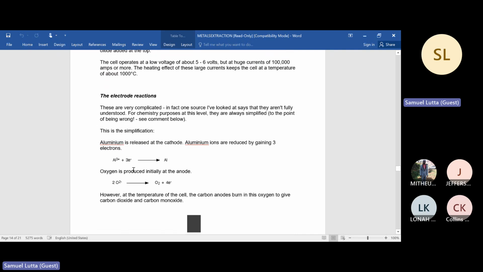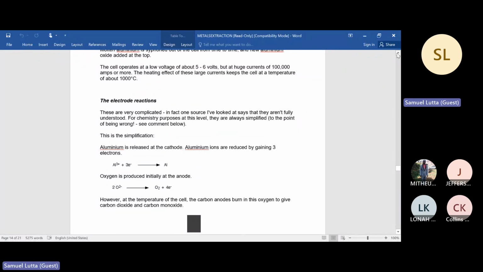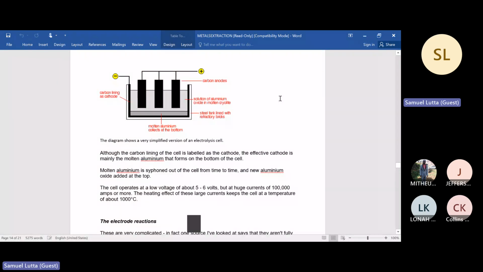When aluminum oxide ionizes, it produces aluminum ion and oxide ion. The aluminum ion, because it is positive, will go to the cathode. So anything which is positive goes to the cathode, which is negatively charged.